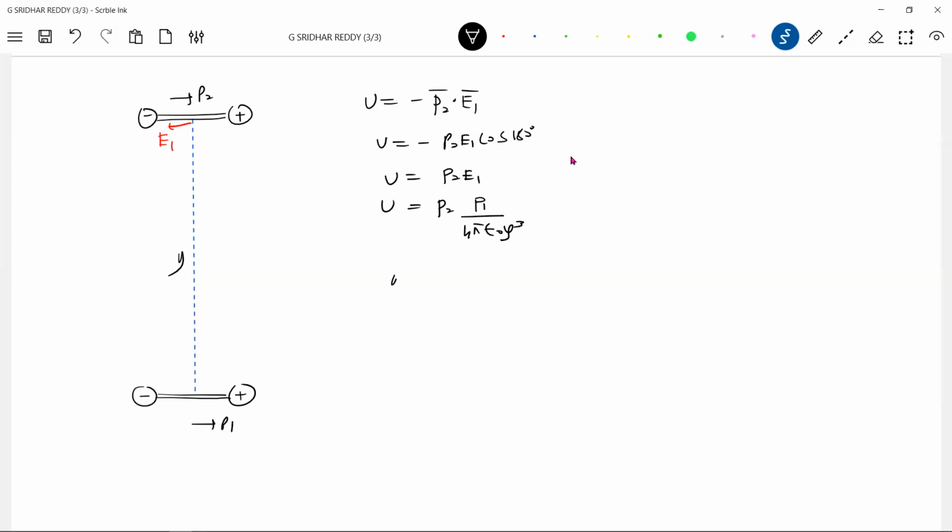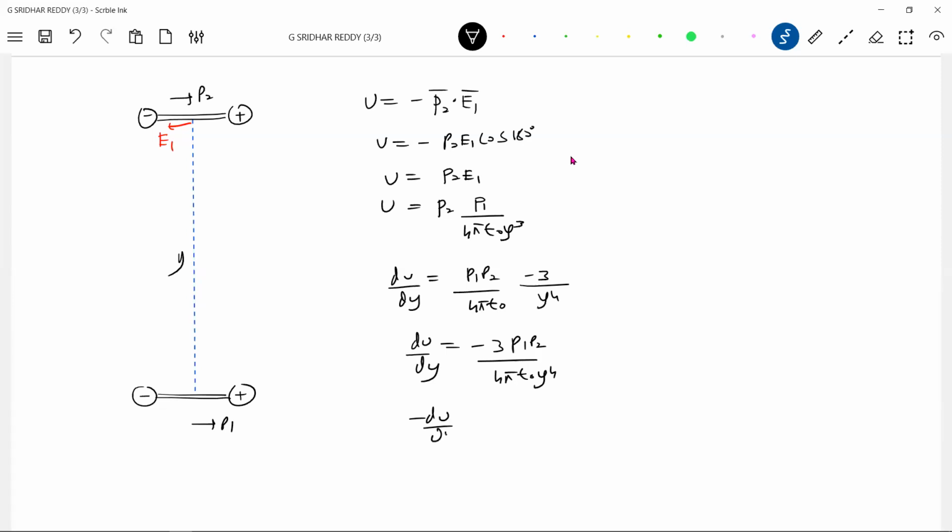Again, I'm going to differentiate. So dU by dy should be equal to P1 P2 by 4 pi epsilon naught times minus 3 by y to the power of 4. So this becomes minus 3 P1 P2 by 4 pi epsilon naught y to the power of 4.